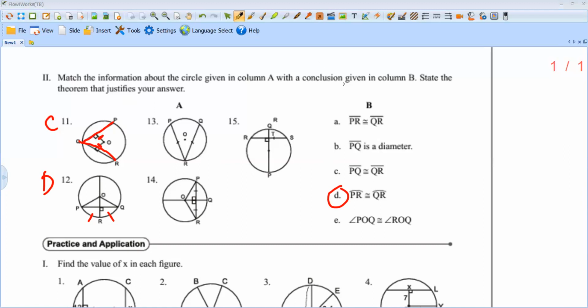13. Rainier. PR is equal to QR. Sir A. A. PR is equal to QR.